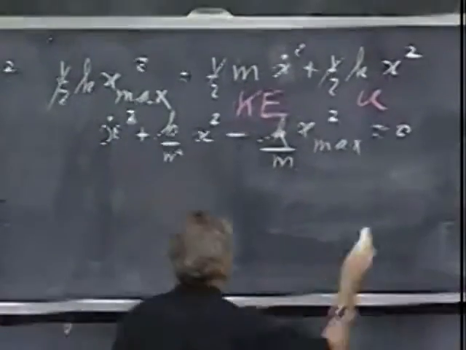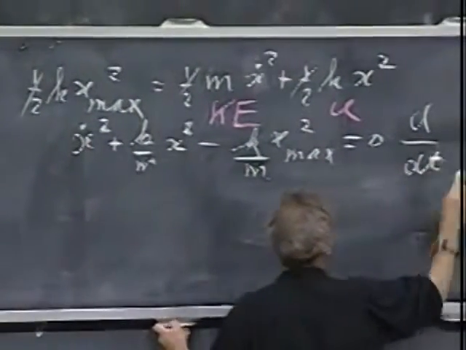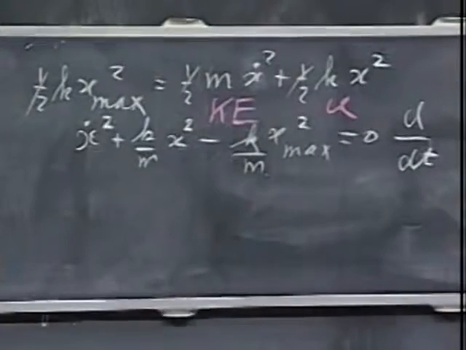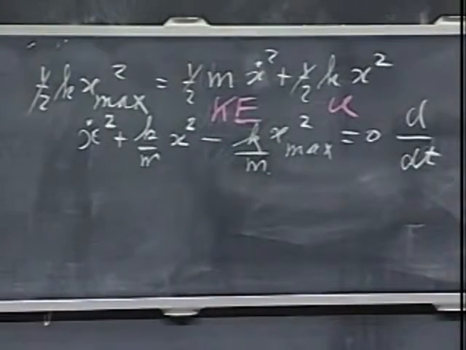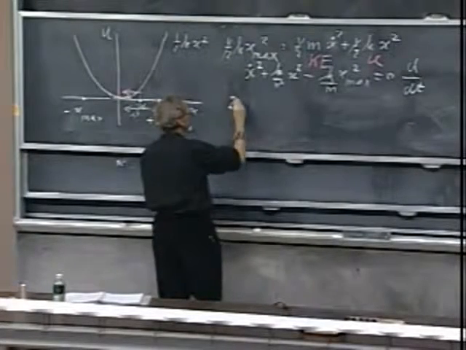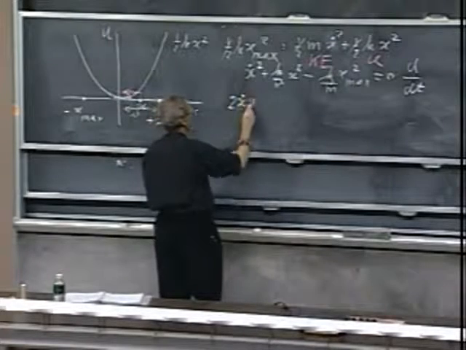And now I'm going to take the time derivative of this equation. And now you'll see something remarkable falling in place, just for free. I take the derivative versus time. That gives me a 2 x dot, but I have to apply the chain rule.